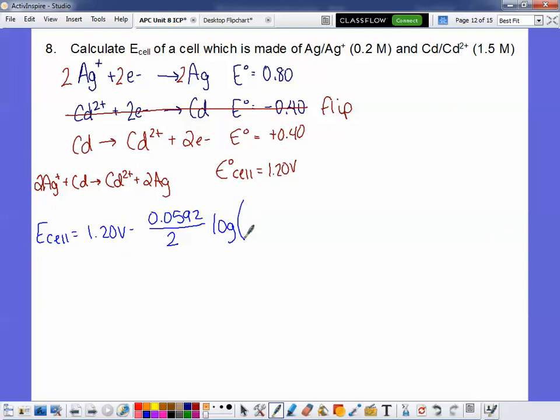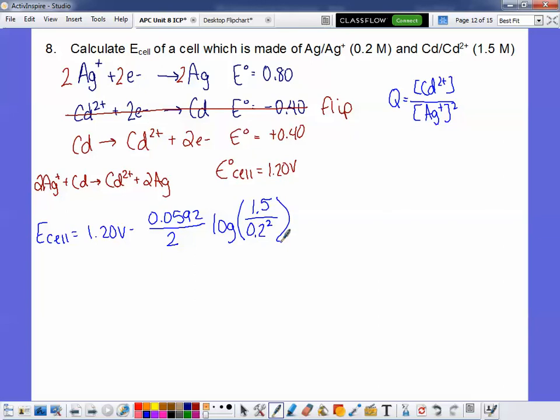Now, our Q expression is going to be what? Cd2 plus? Good. We have to square that silver ion concentration. Don't forget that the coefficients become the exponents in Q and K expressions. So for Cd, we have 1.5, and that's going to be over 0.2 squared.